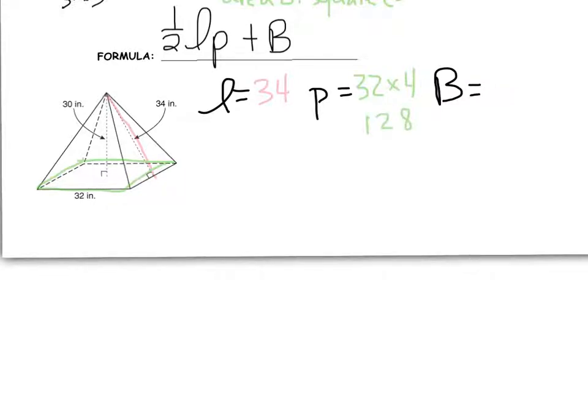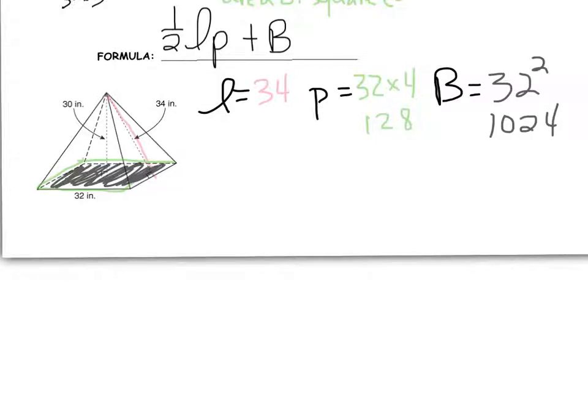So that's the number we're going to use for P. And then our B is going to be the area of the base. So that's going to be at the bottom here, that whole area. And the area of a square is going to be 32, the side length, squared. And 32 squared is 1,024.